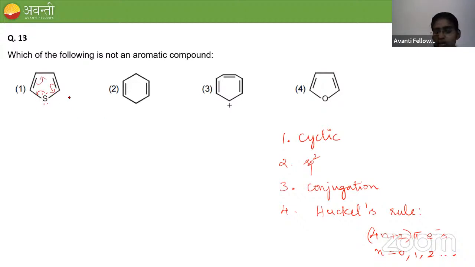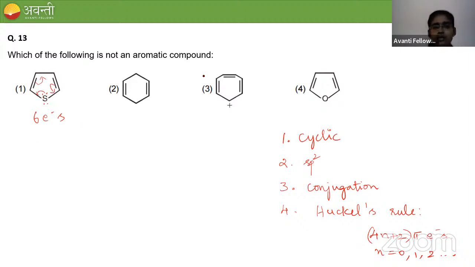Okay, alternative double bonds. And it follows the Huckel rule also. If you put n is equal to 1, you will get 6 pi electrons. Here you see for delocalization purpose, 1, 2, 3, 4 and 5, 6 electrons are involved. So it is following all the 4 rules. So this compound is aromatic, which is not the answer for this question.